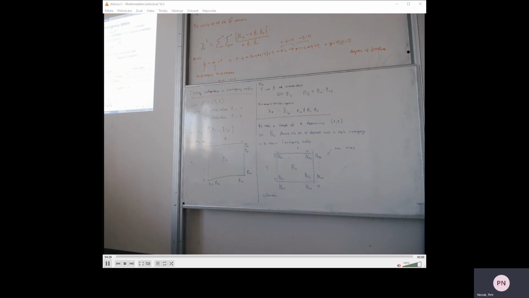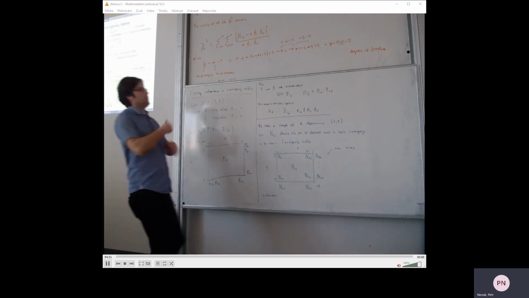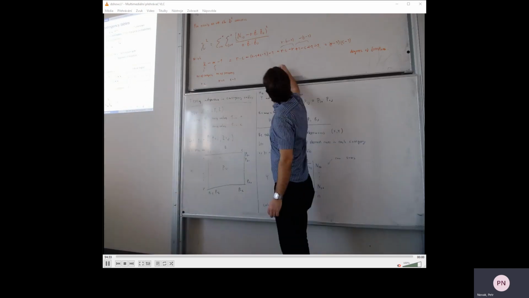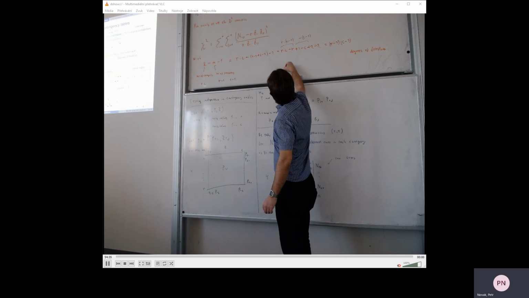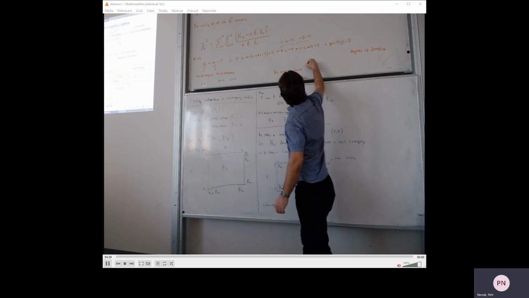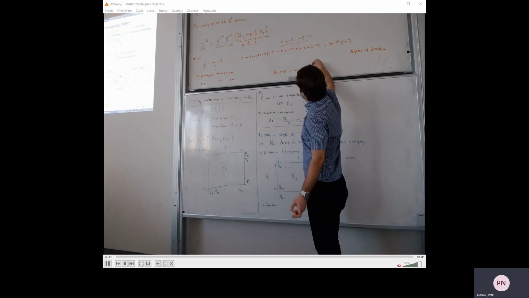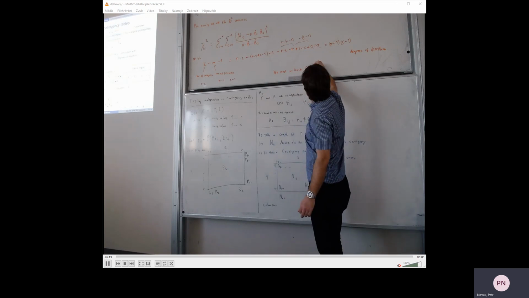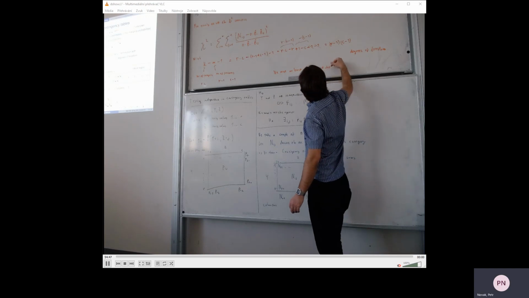Now, before we go forward, we need at least 5 observations, so expected observations, in each category.